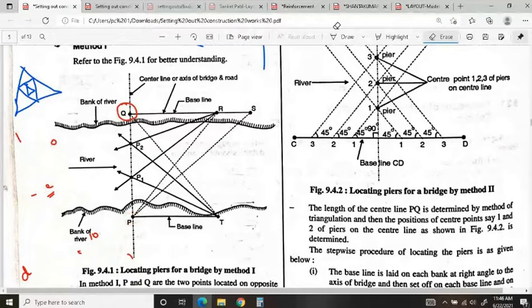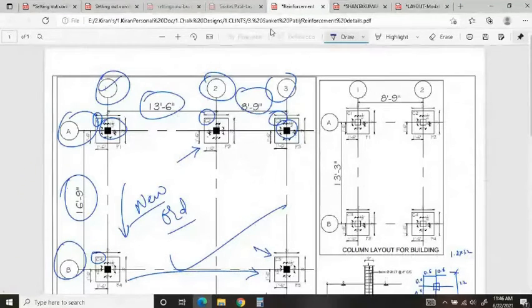So the number of columns and number of piers, these are all structural matters. Once he gives all the plan, it will be like this.